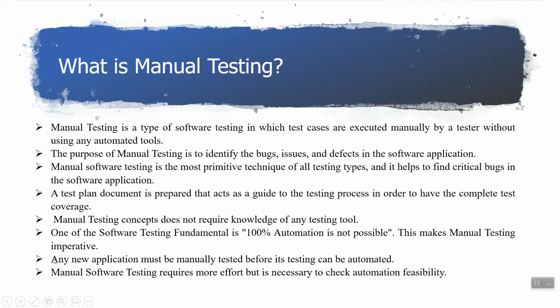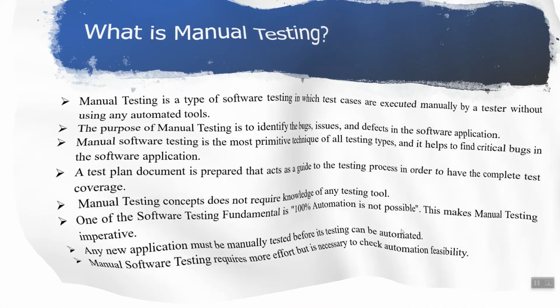This makes manual testing imperative. Any new application must be manually tested before its testing can be automated. Manual software testing requires more effort but is necessary to check automation feasibility. So these are some of the key points of manual testing.